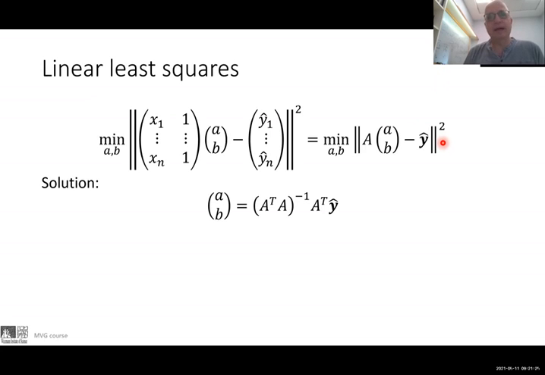And the minimum, as you know, is obtained through the pseudo inverse. Usually we assume that we have at least as many points as the number of parameters, in this case at least 2 points. And so this is the pseudo inverse, which gives you the solution.